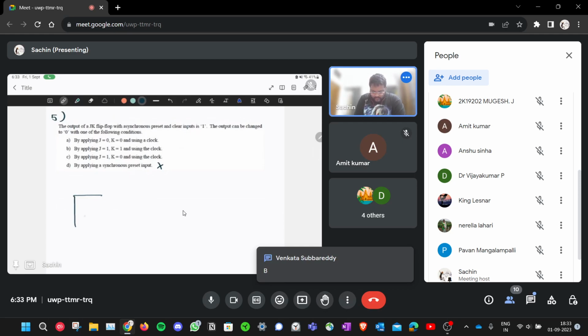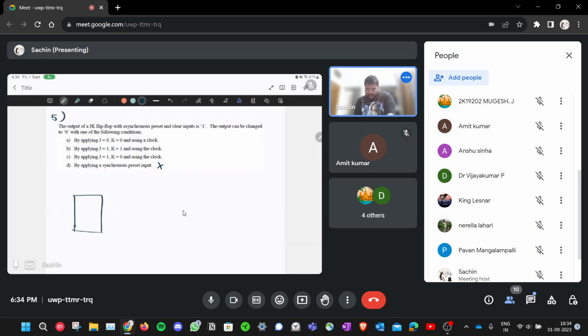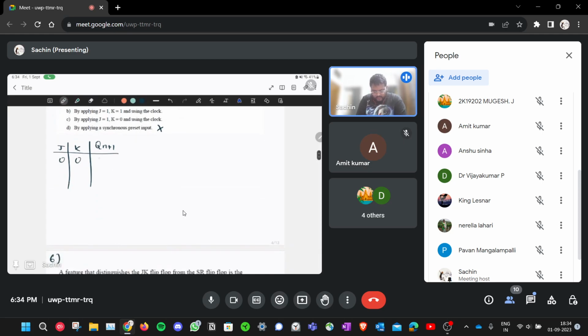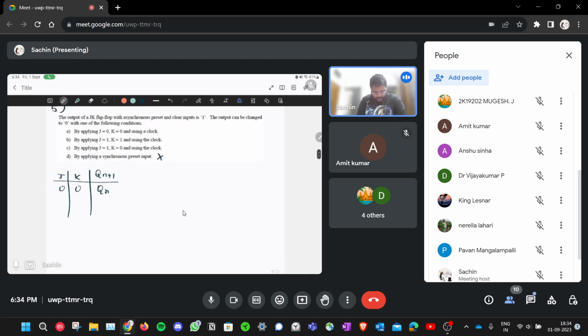Okay, we'll see. If you see the truth table for JK flip-flop, the next state when J and K both are 0 will be the same as the previous state, so it will act like a memory.